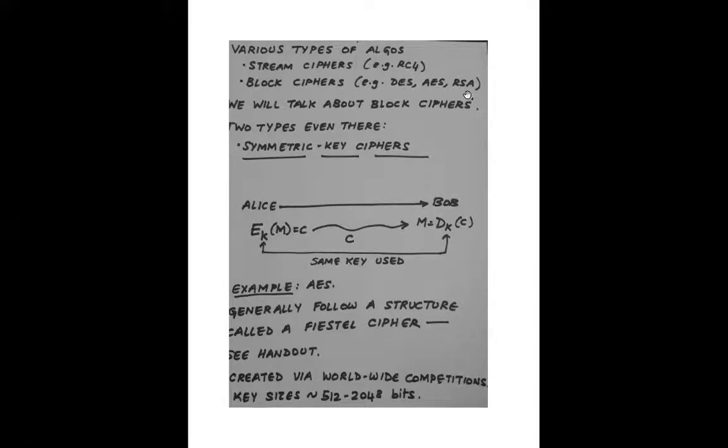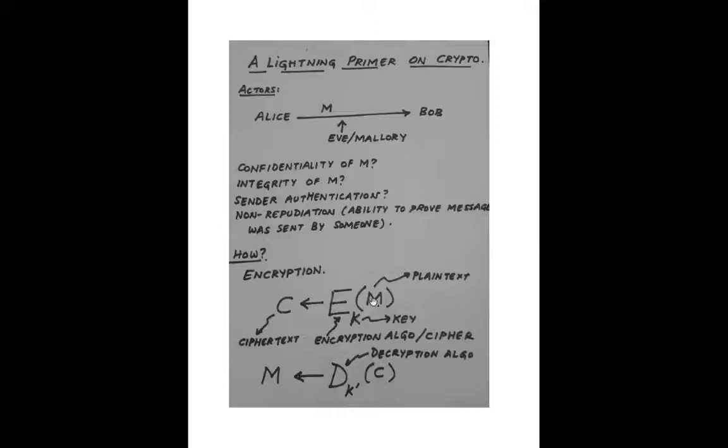A block cipher is a kind of cipher algorithm that takes a message of arbitrary length and breaks the message into fixed size blocks. So it could be blocks of size 2048 bits. You could take the message, maybe it's a YouTube video, maybe it's a gigabyte long, doesn't matter. You will break it into chunks that are 2048 bits each and apply the encryption algorithm block by block.